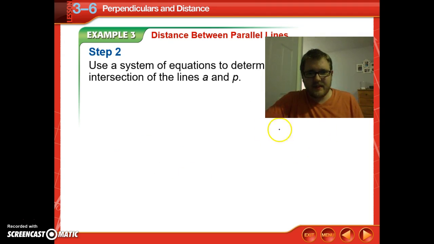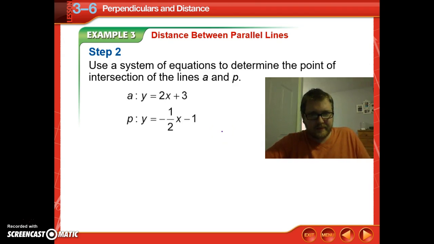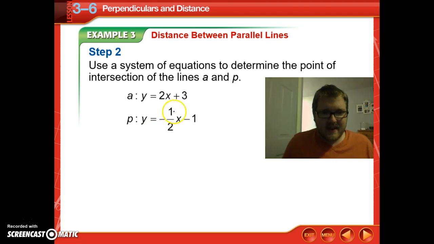So step 2, now we're going to determine the point where lines A and P intersect, because we know where B and P intersect. So line A has an equation of 2x plus 3, we're given that, and line P has this equation. So let's just set them equal to each other.